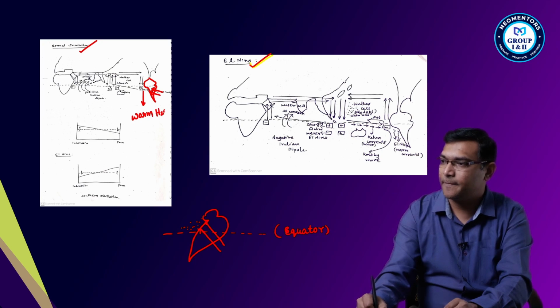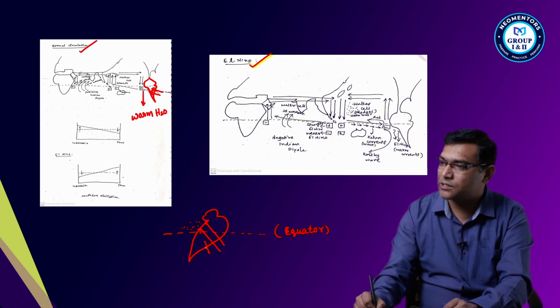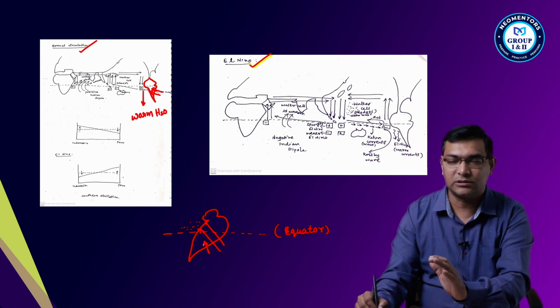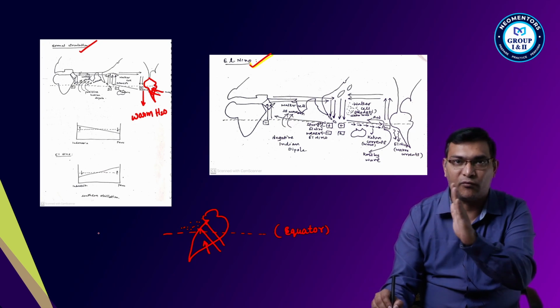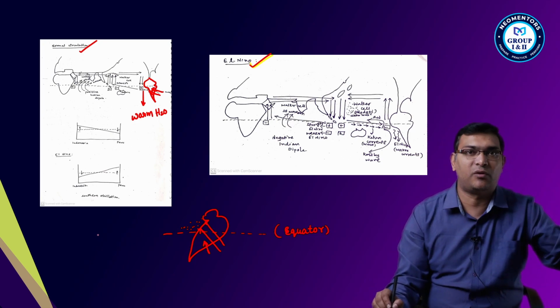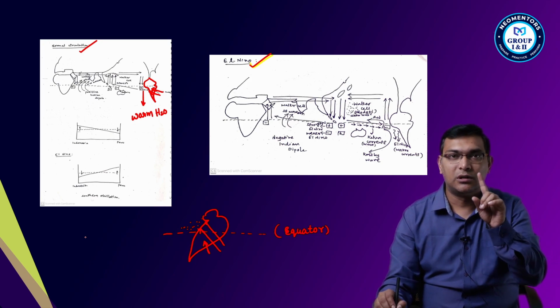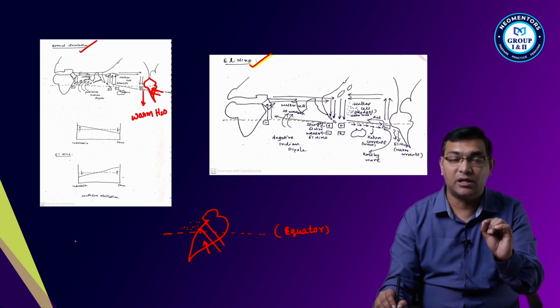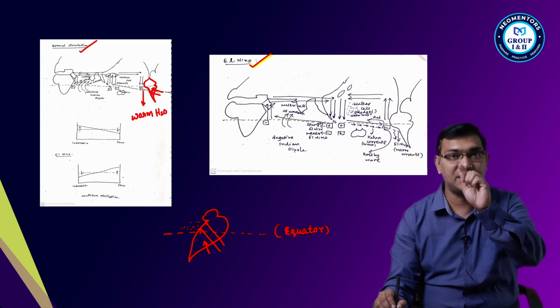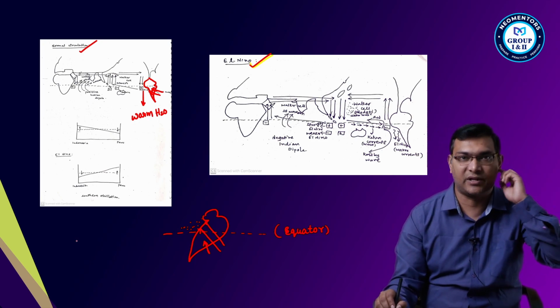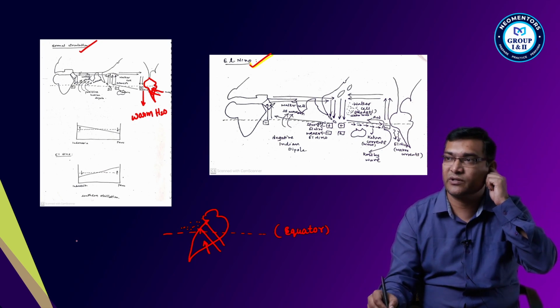The southeast trade winds are so strong that they will drag this warm water. So the warm water is transferred from the Peruvian coast, that is the East Pacific, to the West Pacific.